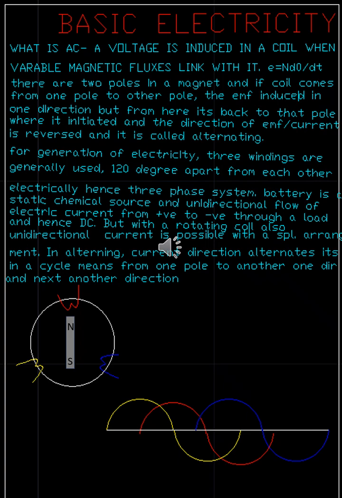So the transformer is dividing this electrical system into two circuits, primary and secondary. There is no electrical connection between primary and secondary, but magnetically they are linked with each other. So this is the basic conception.